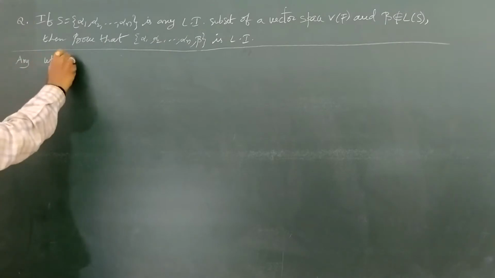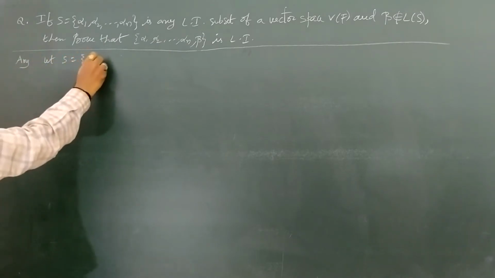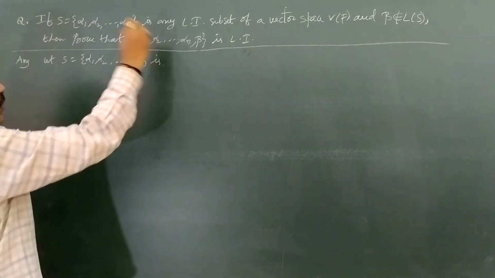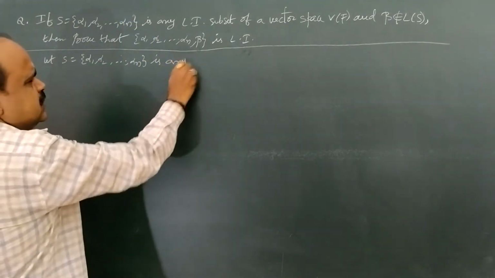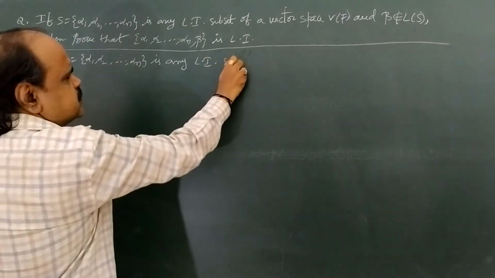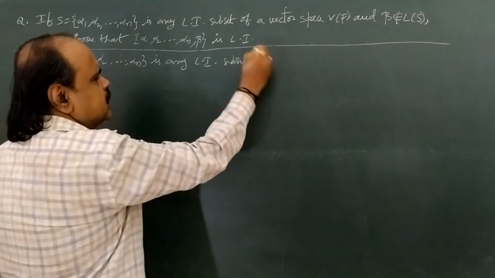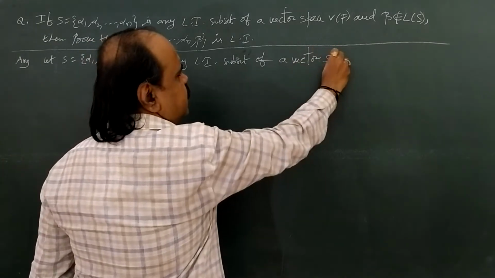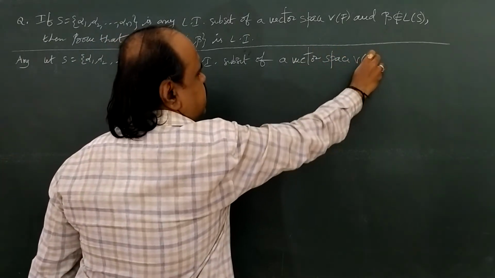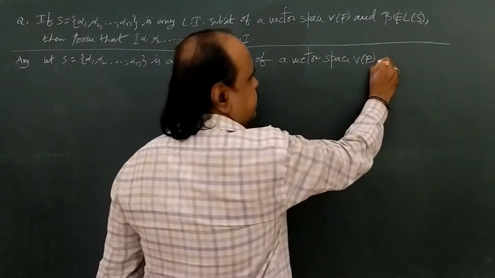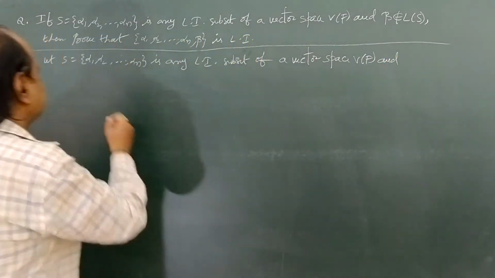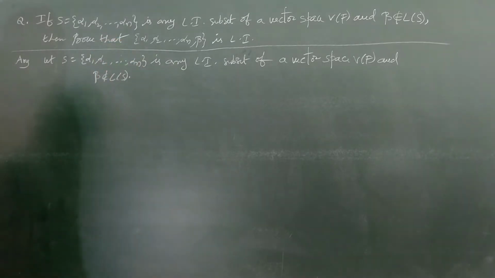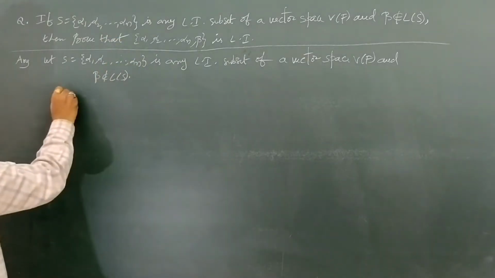Let S equal to the set alpha 1, alpha 2 and so on alpha n be any linearly independent subset of a vector space V over F, and beta does not belong to S. Beta does not belong to L of S. Okay.